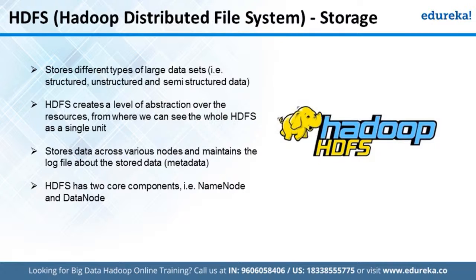We said that the data is distributed, but when you see it from any external application, you don't have to bother about where the data sits, whether on node 1 or node 2 or node 3 and so forth, right?